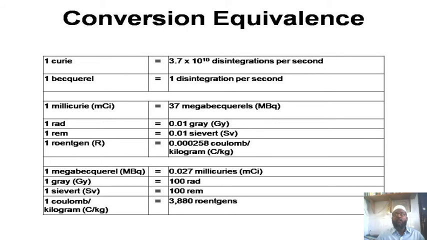Gray is another SI unit, a derived unit. So 1 gray, whose short form is Gy, is equivalent to 100 rad. Similarly, 1 REM is equivalent to 0.01 sievert, whose short form is Sv. And Roentgen we have already defined.